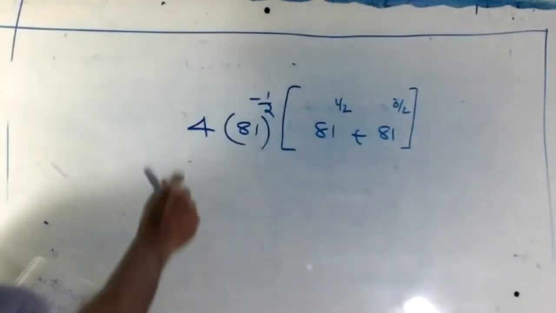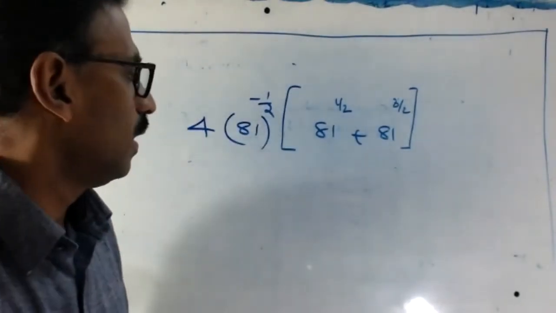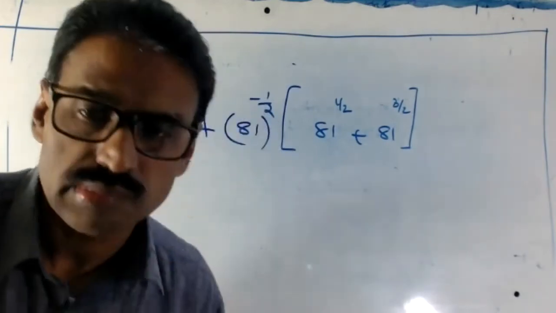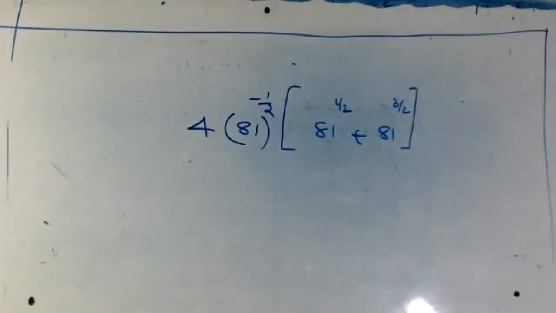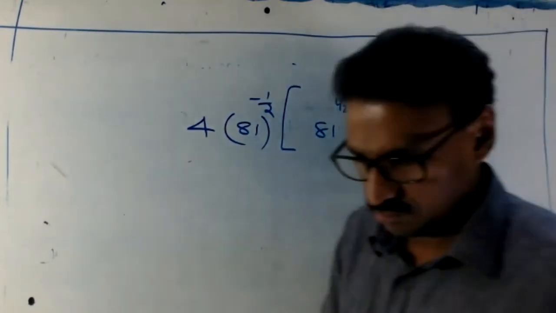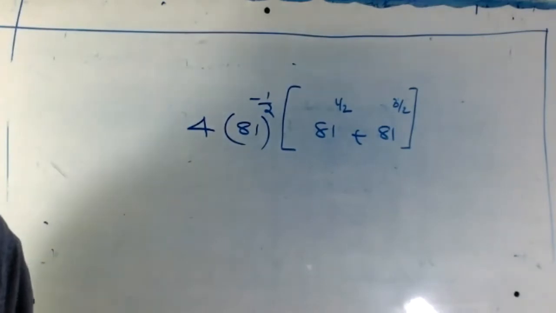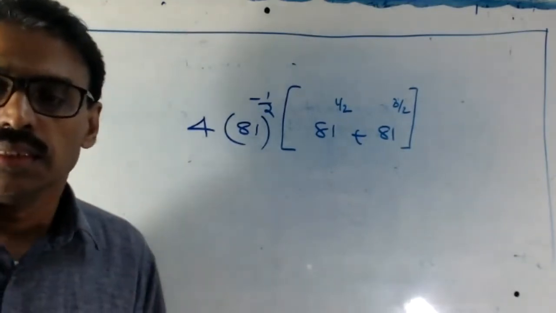Okay, try this one. 4 into 81 raised to minus 1 by 2 into 81 raised to 1 by 2 plus 81 raised to 3 by 2. Okay. Okay, try now.